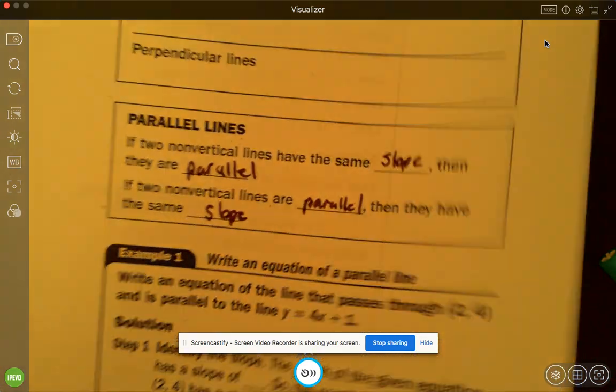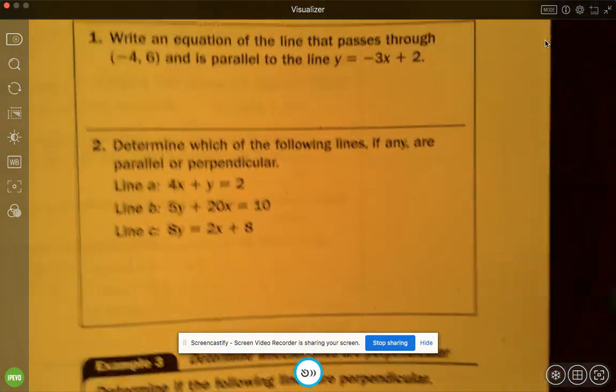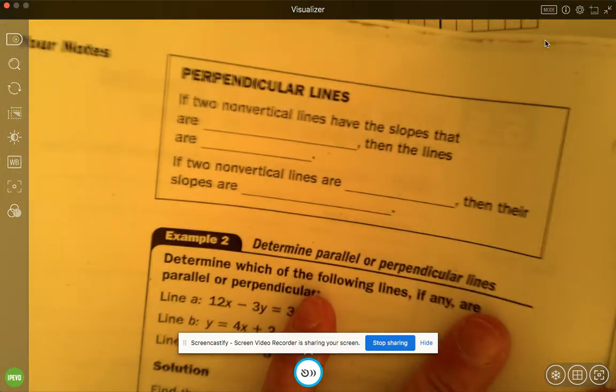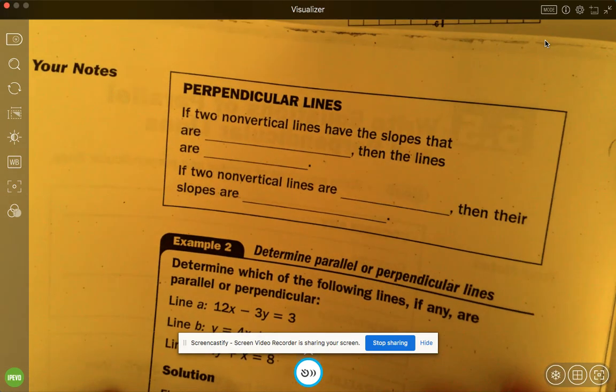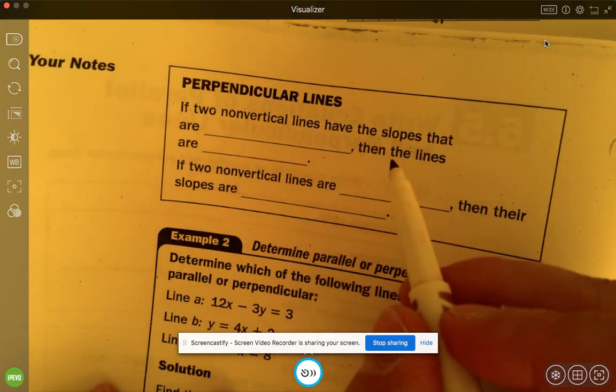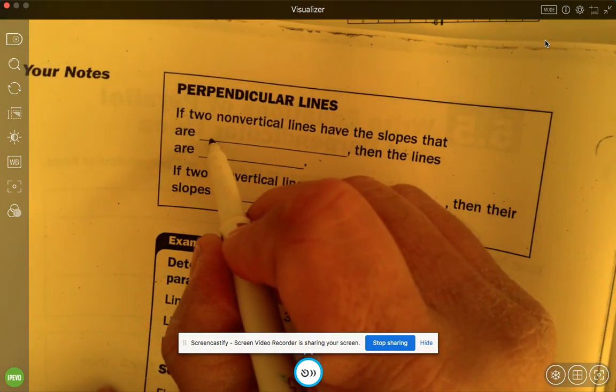And then for perpendicular lines, like you watched in the last Ed Puzzle, hopefully you remember, to make perpendicular lines, what has to be true about the slopes? Yeah, they have to be opposite reciprocals.